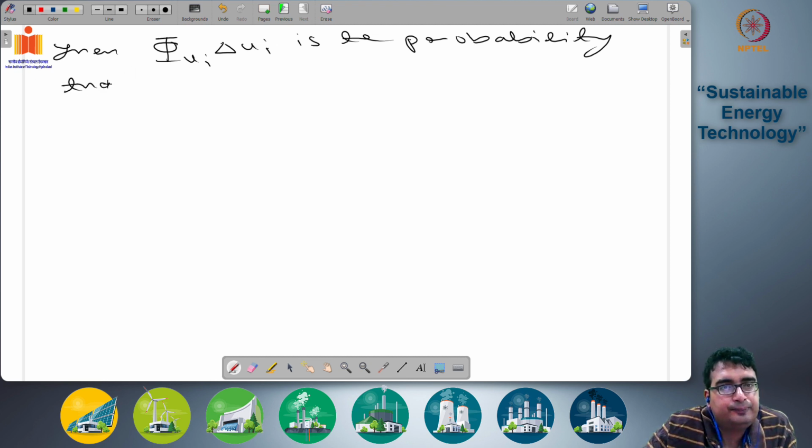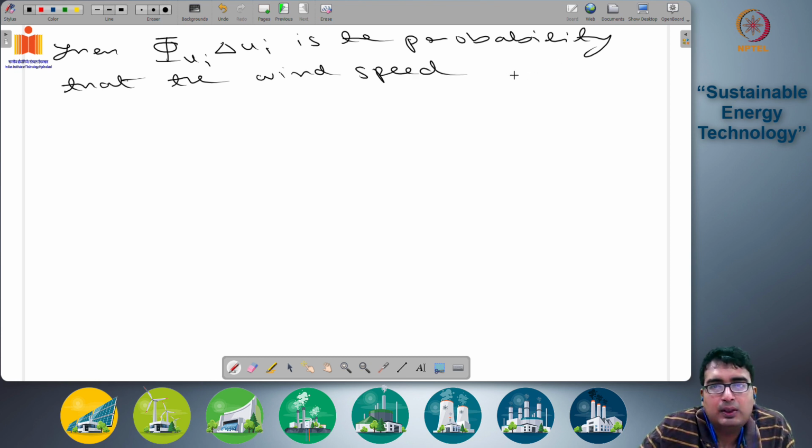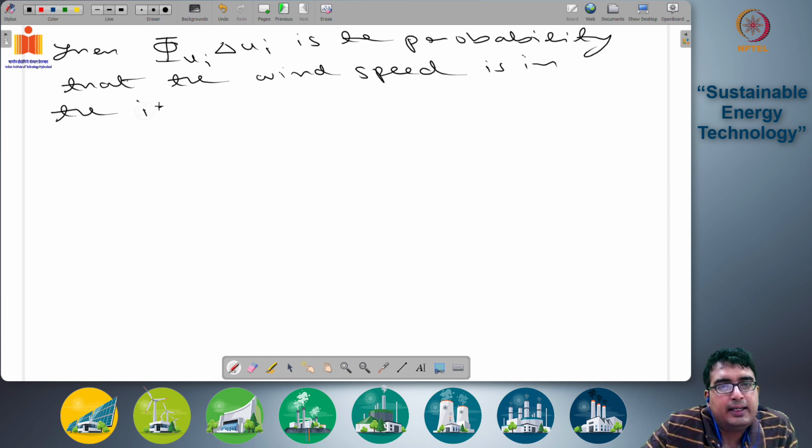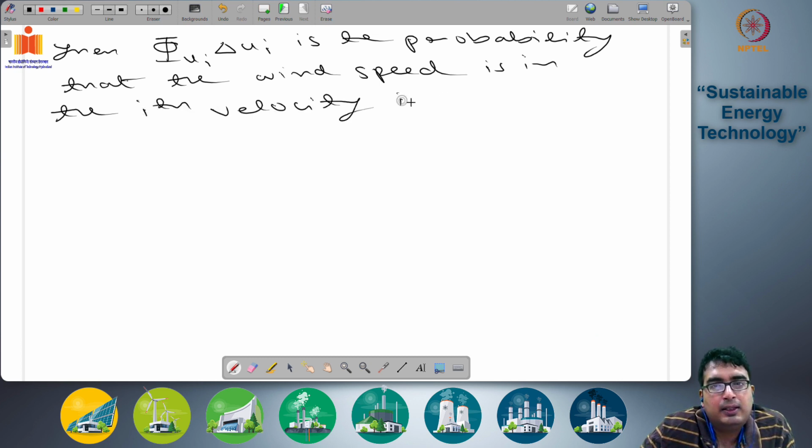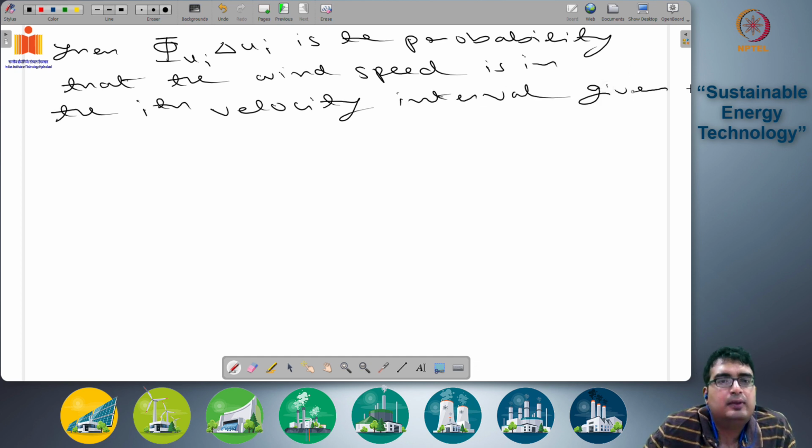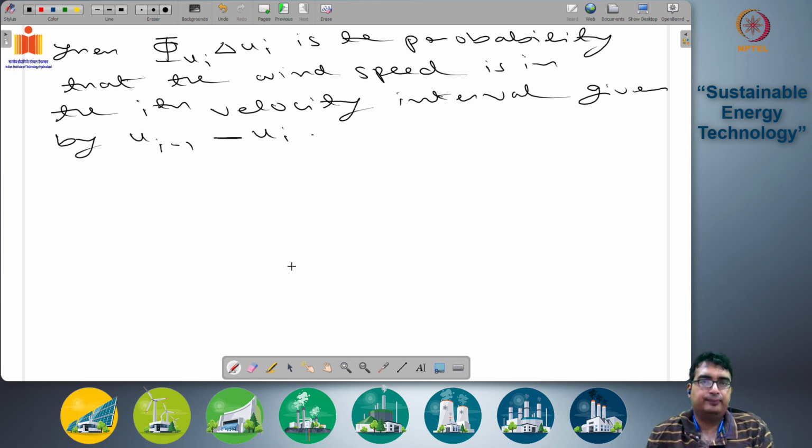Probability that the wind speed is in the ith velocity interval given by ui minus 1 to ui.